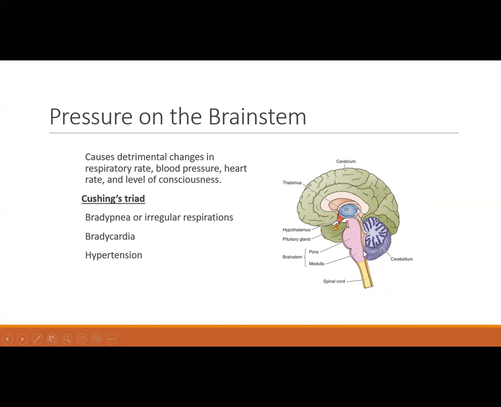We talked about this briefly in our last lecture, but that's what we get concerned about. Our Cushing's triad is like that late sign of increased intracranial pressure. So that's things like our bradypnea or irregular respirations, our bradycardia, and our hypertension.